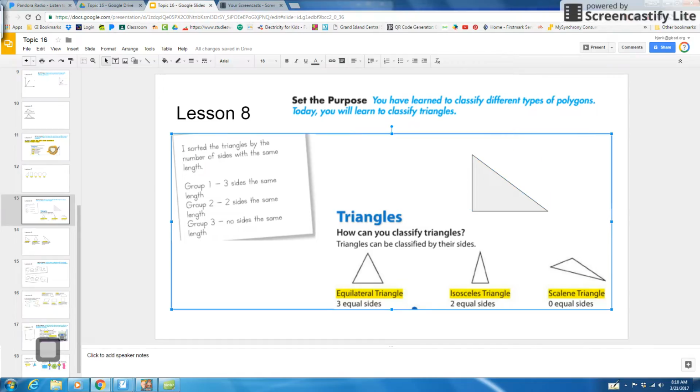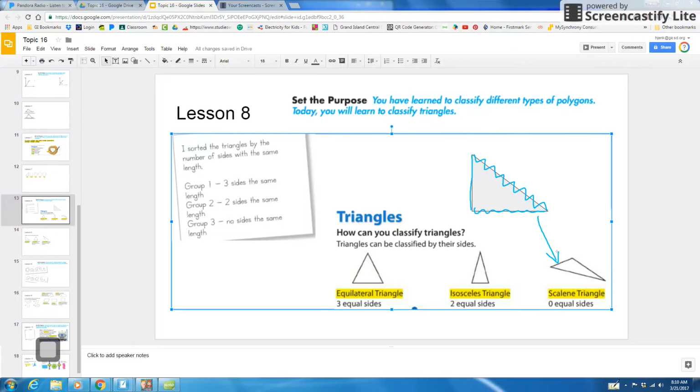If you looked closely at this triangle, I purposely made it a little bit tricky to look at, but this is our shortest side. This side is a little bit longer, and then this side is much longer. So all three sides were different, therefore, it was a scalene triangle.